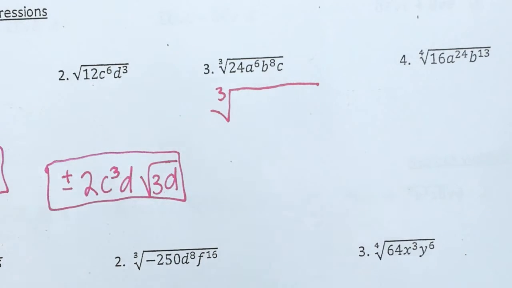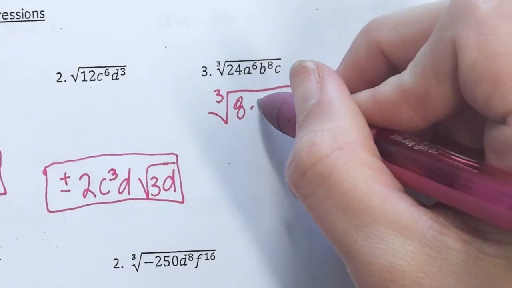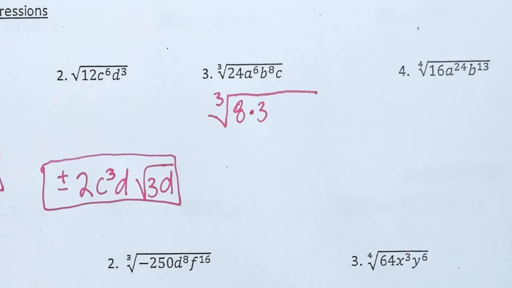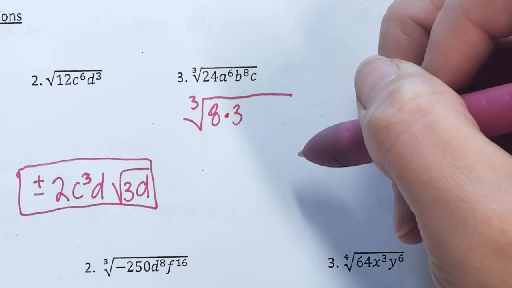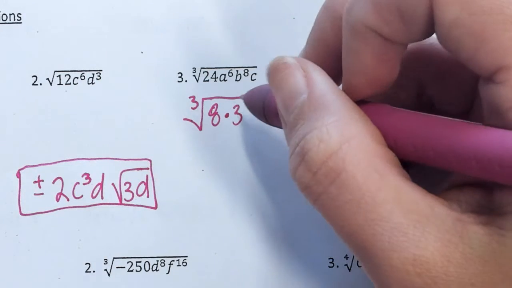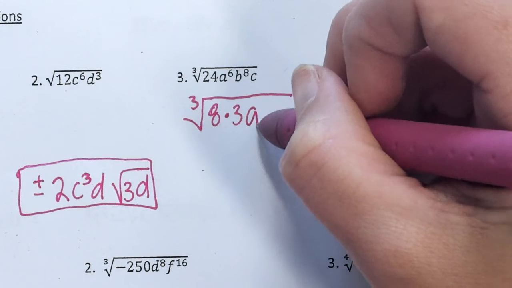Alright, David, what do I break 24 up into? Why? Because 8 is a cube. Very good. Perfect cube. Cordell, what do I break 8 to the 6 up into? 8 to the 7. Good. Why do we leave it?